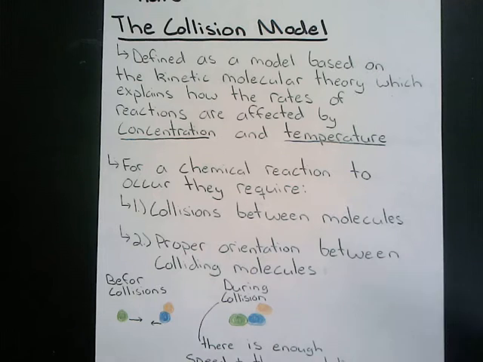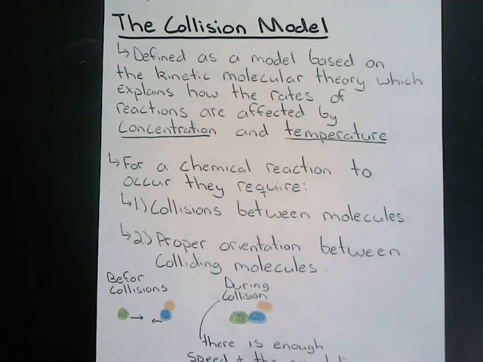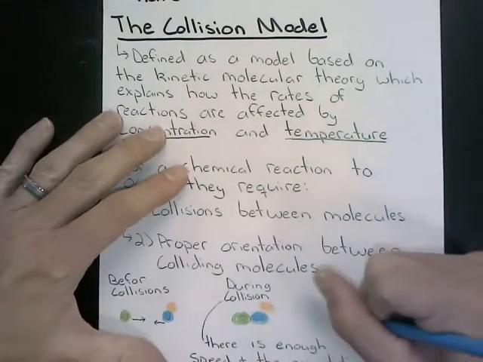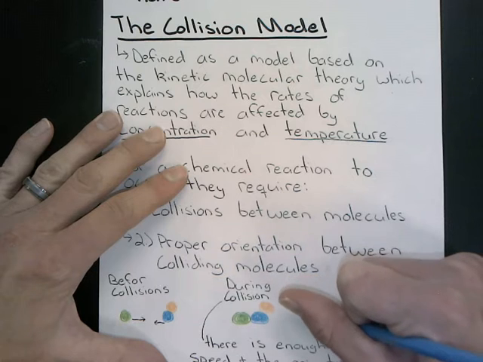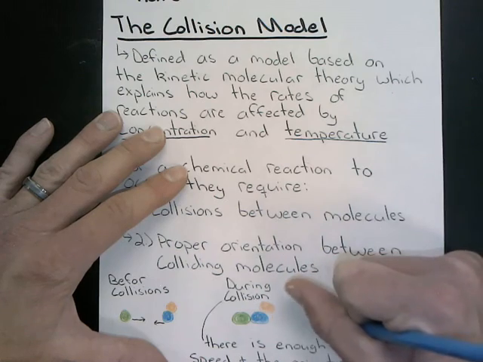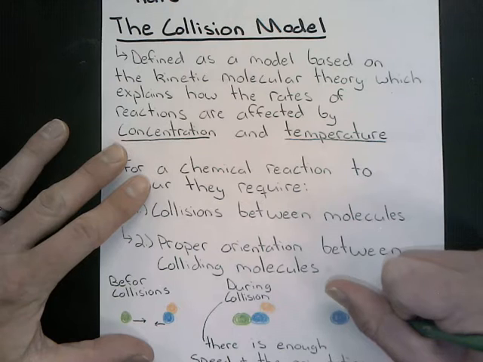So again, if we have a collision with enough speed and these molecules are orientated properly, so let's say we had that proper orientation, what we'll get now is this. We'll get that reaction to happen, and to show that it is happening here, we will trade places with that green and blue molecule here, okay?